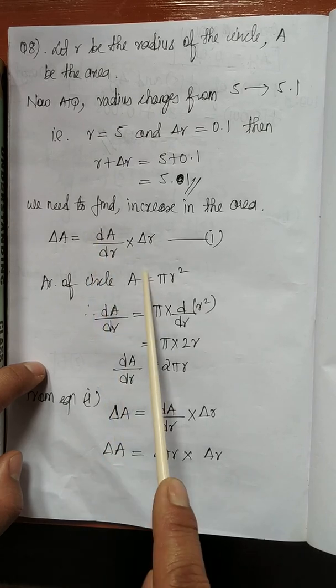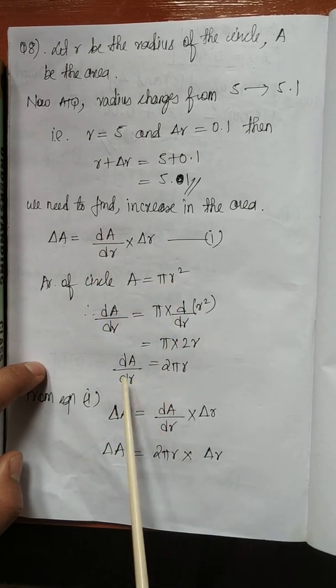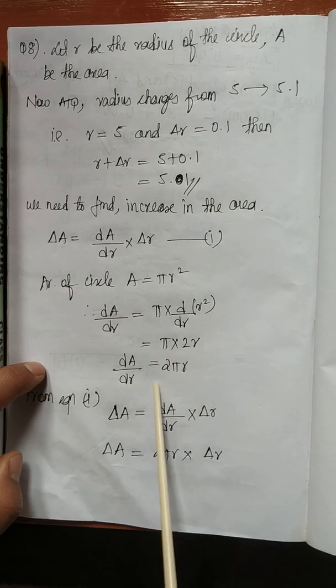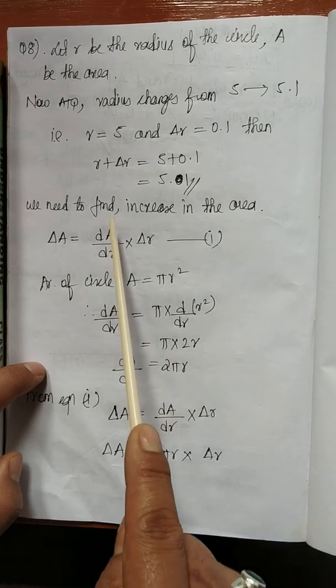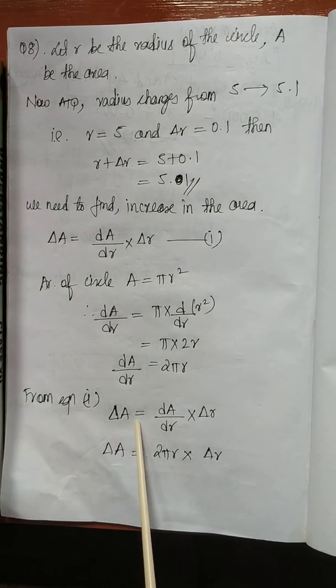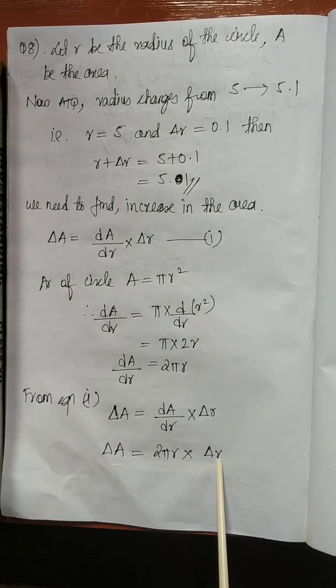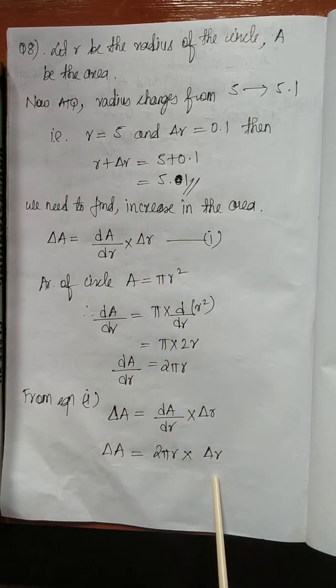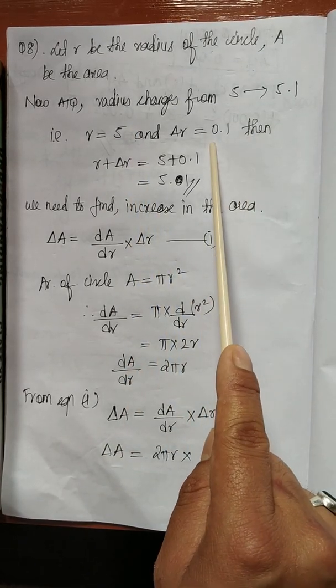Differentiate your function A with respect to r, so you get dA by dr as 2 pi r. Put this value of dA by dr, 2 pi r, in equation number 1. So equation number 1 becomes delta A equals 2 pi r into delta r. What is the value of r? 5. And what is the value of delta r? 0.1.